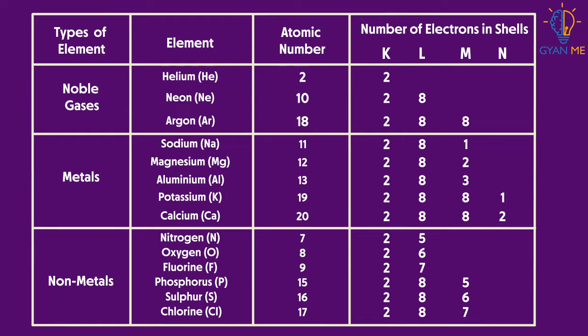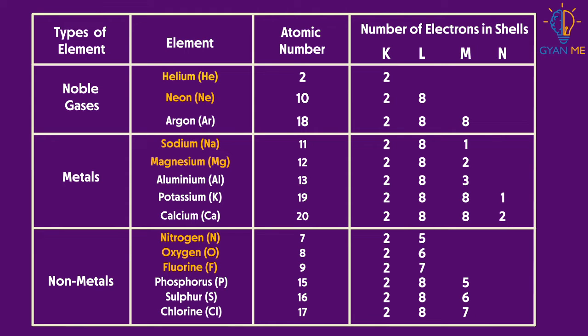But before that, have a look on the table which is there on your screen. You can see that there are different elements like helium, neon, sodium, magnesium, nitrogen, oxygen, fluorine, etc. Each element has a specific arrangement of electrons in the orbits around the nucleus.